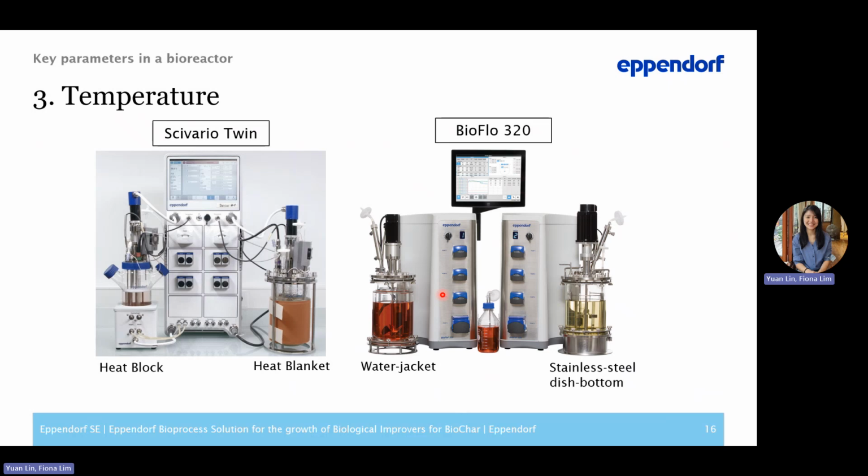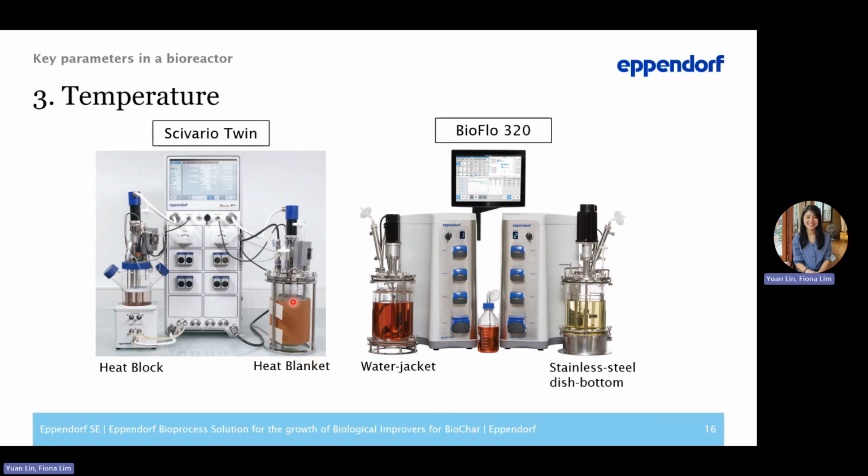So now here are some of the ways where the temperature can be controlled in all of the bioreactor variants. So Cyvero Twin and BioFlow 320 is actually the name of the control system that Eppendorf provides. In terms of heating and cooling, we have several variations. We have the heat block version, whereby heating and cooling is done by the heat block.